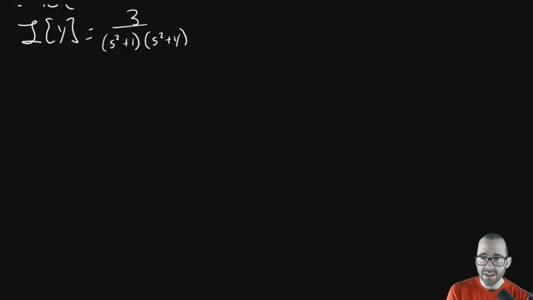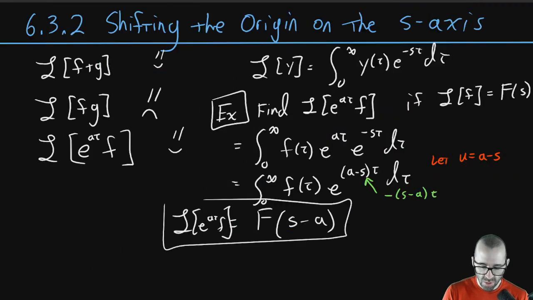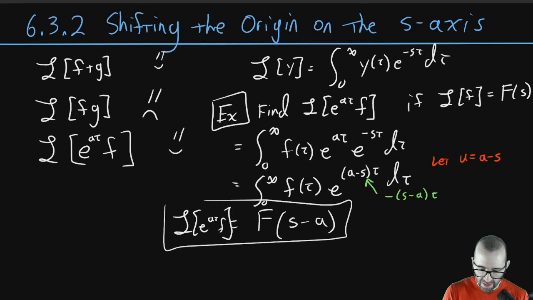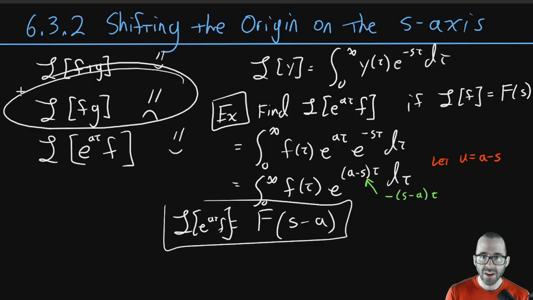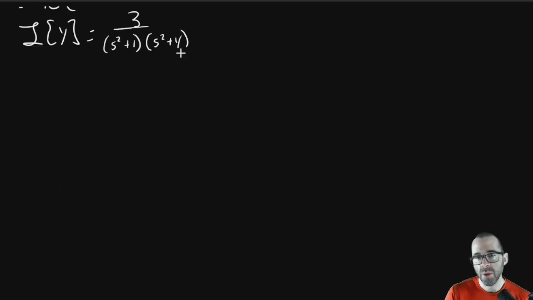And remember, we can't split this up into f times g, because I just told you this is bad. So what are we going to do? We can't factor either. We're going to use partial fractions. Okay? So we're going to go off to the side and use partial fractions.